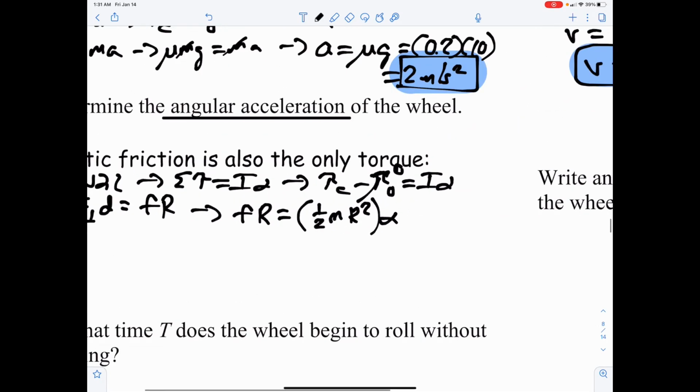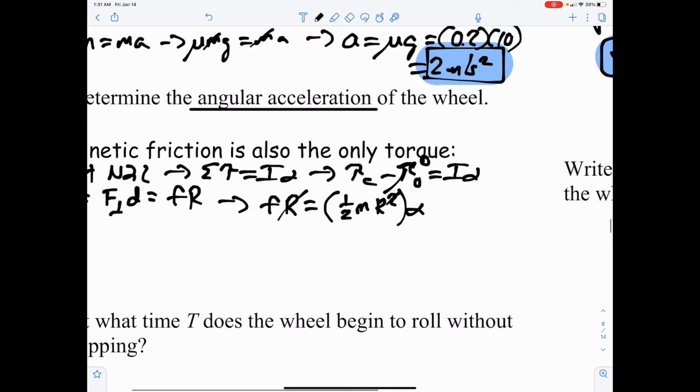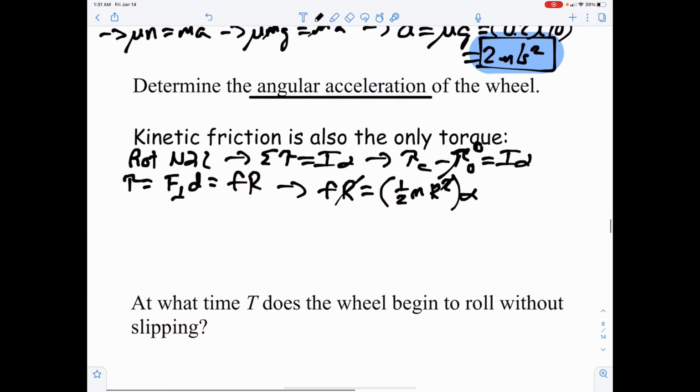Friction, let's see, the radius cancels on one side. I'm going to go ahead and multiply by 2. I can substitute for friction. Friction would be mu times normal force, or mu mg, and that's going to equal 1/2 m r alpha.